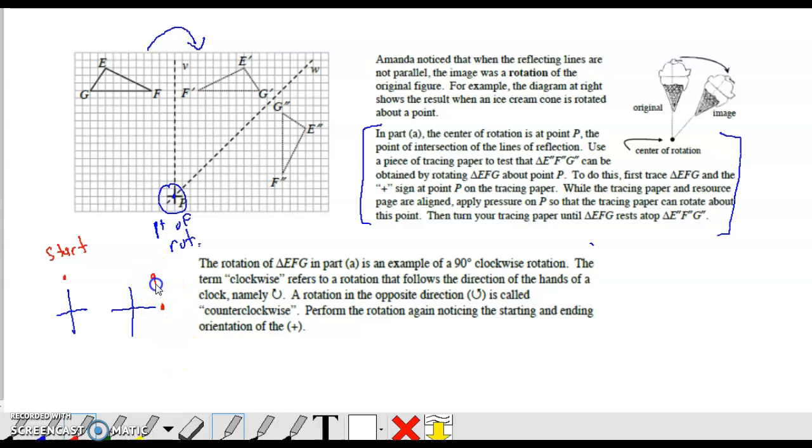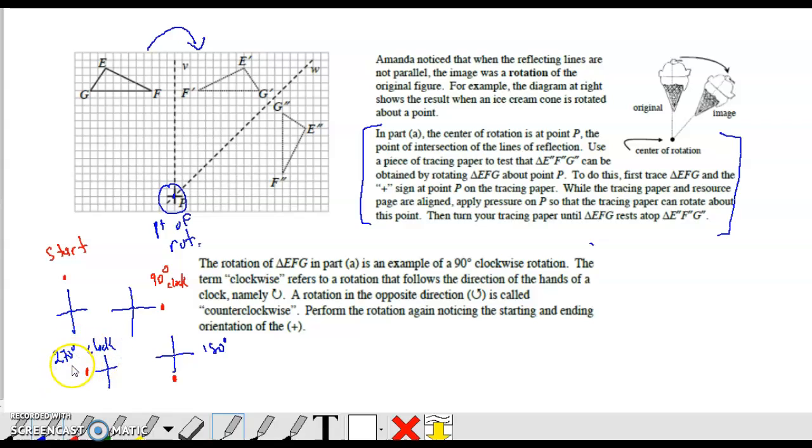So this would be 90 degrees clockwise. If I do this one more time and my dot comes down here, it is another 90 degrees, but if we consider it from the start, this would be 180 degrees. And if we continue and put it right here, this would be 270 clockwise.